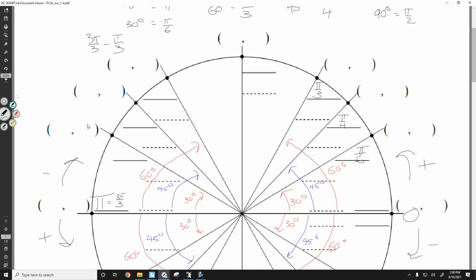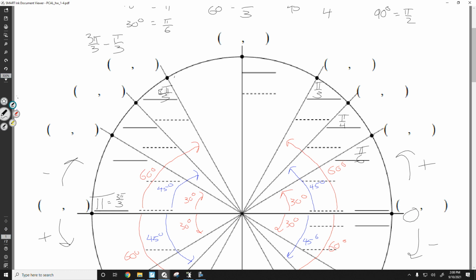Subtracting going this way, I'll go 60 degrees away, boom, 2 pi over 3. 3 pi over 3 minus pi over 3. Do I have to convert 2 pi over 3 into an angle to know that it's 120 degrees? No. All you need to know is that it's 60 degrees away from the x-axis located in the second quadrant. Is that okay?